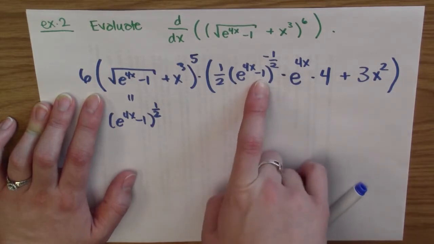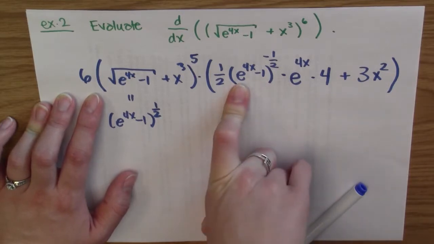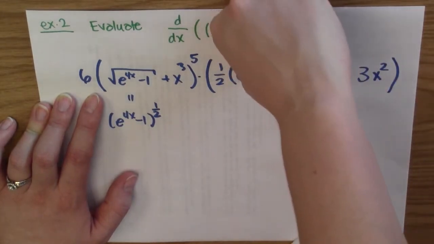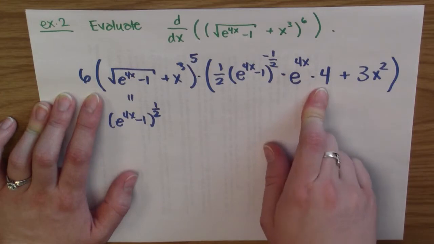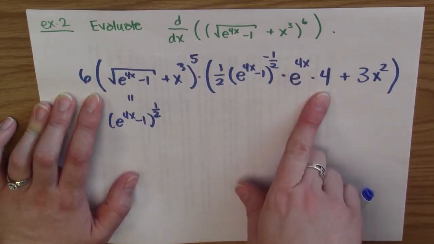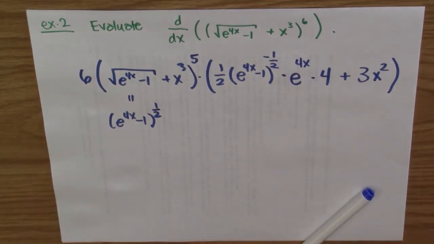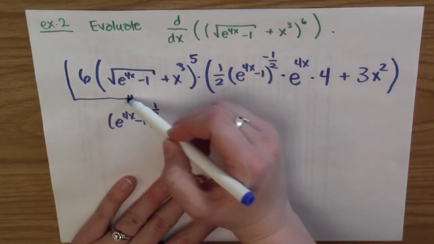This 1 disappeared because the derivative of the constant is just 0. And then I take the derivative of e to the 4x. Well, this is e to some other blob, and so the derivative of e to the blob is e to the blob times the derivative of the blob, which in this case is 4x, so the derivative is 4.